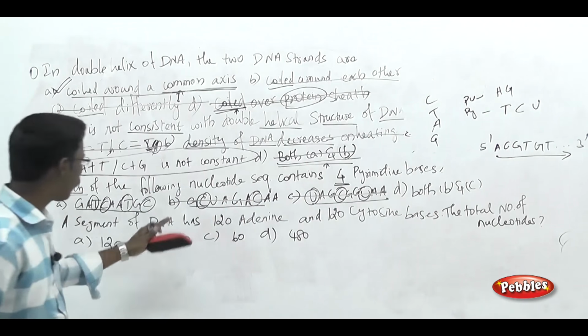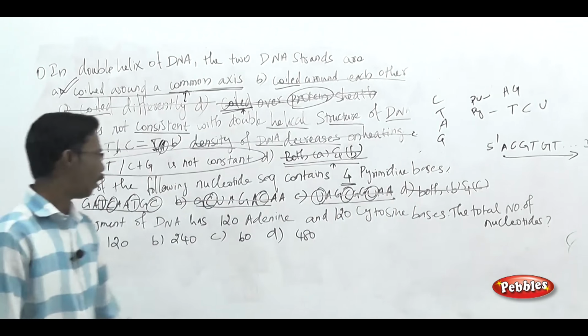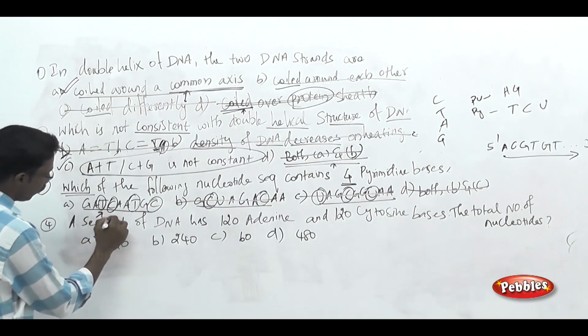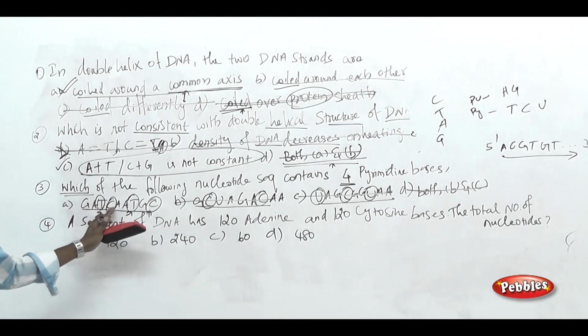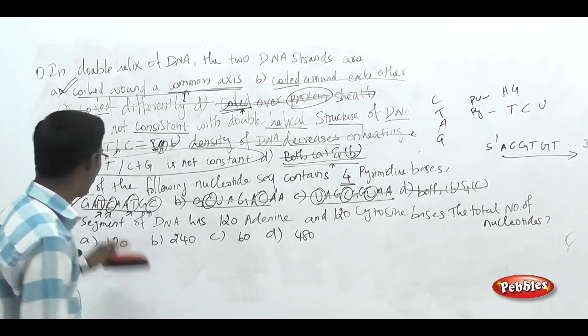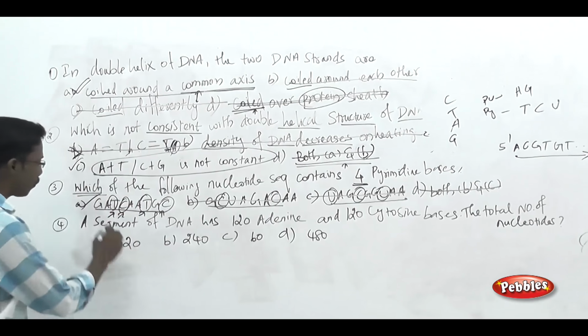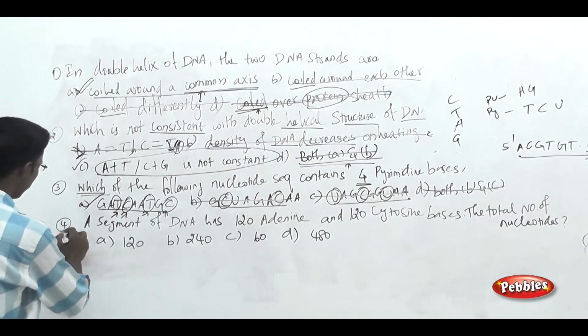So we have eliminated B and C. Over here you can count 1, 2, 3 and 4 pyrimidines. There are thymine, cytosine, so the correct choice over here is A. This sequence contains 4 pyrimidines. Okay, see the next question.